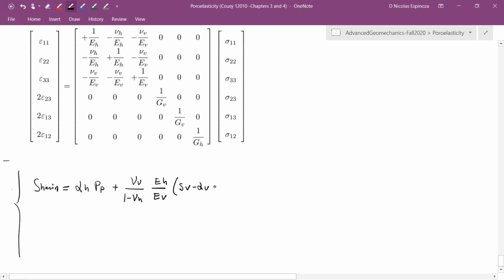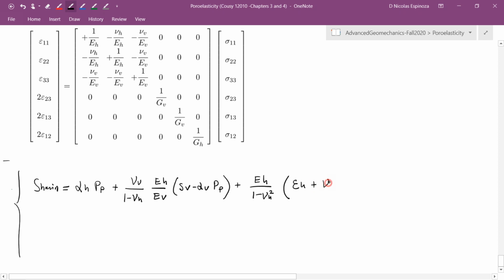It's very similar to the one that we had before, but now you can notice the influence of the anisotropic parameters and where they go into the equations. For example, notice here that the plane strain modulus refers just to the horizontal stiffness, and that makes a lot of sense.